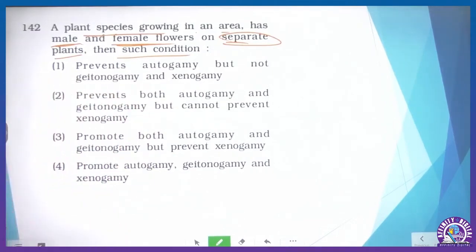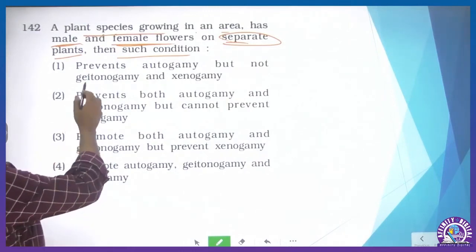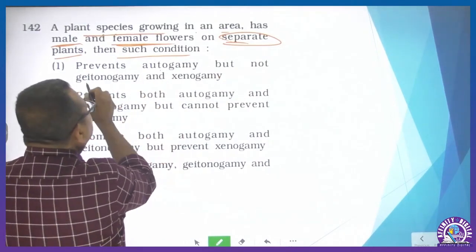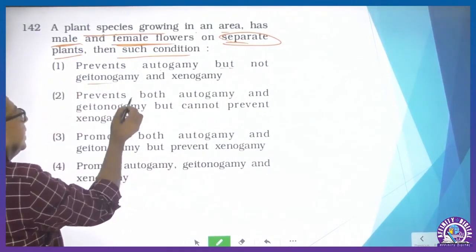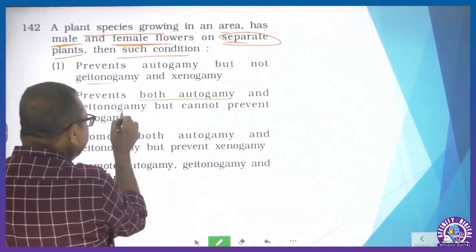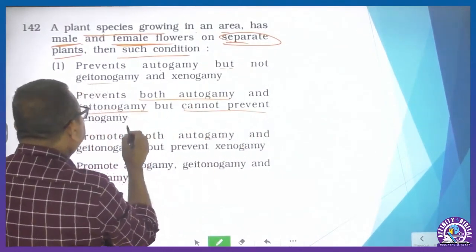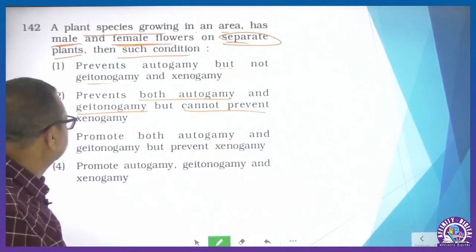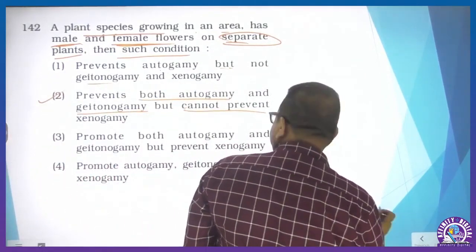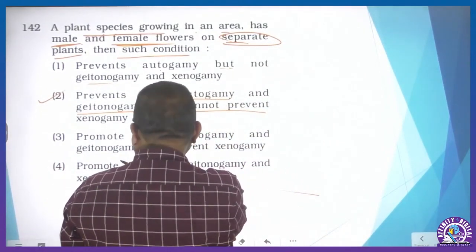So is there such an option? Prevent autogamy but not geitonogamy? No. Prevent both autogamy and geitonogamy but cannot prevent xenogamy, this will be the answer. This one will be wrong: promote both autogamy and geitonogamy.